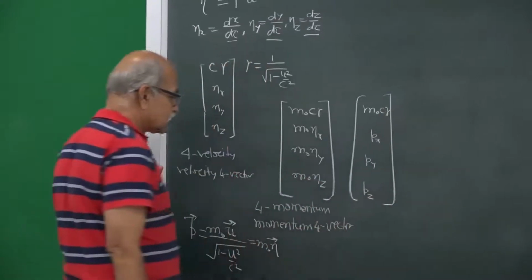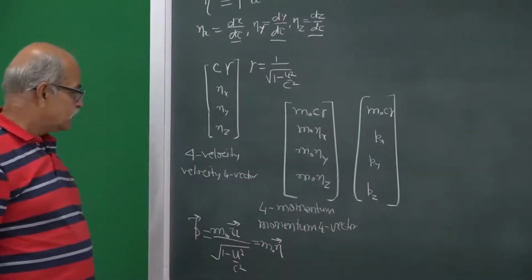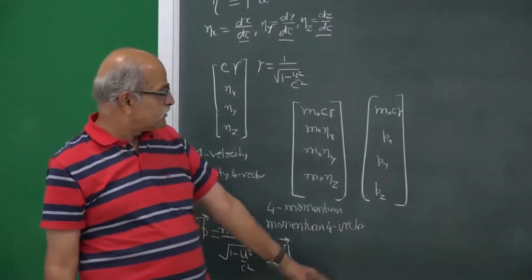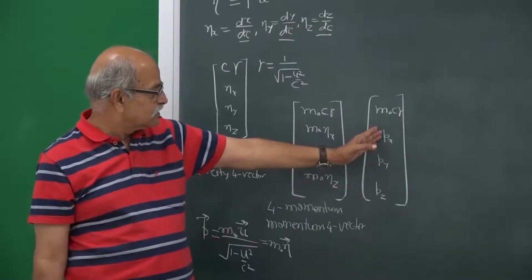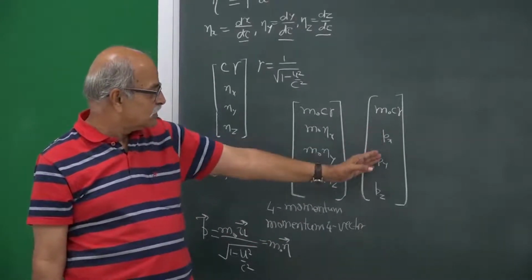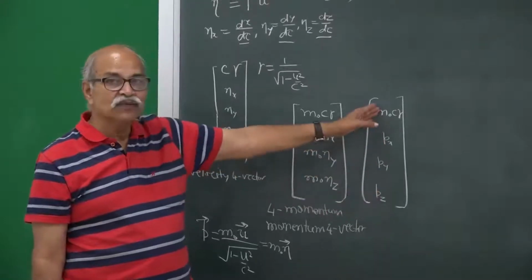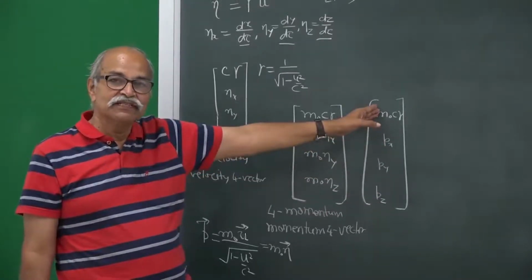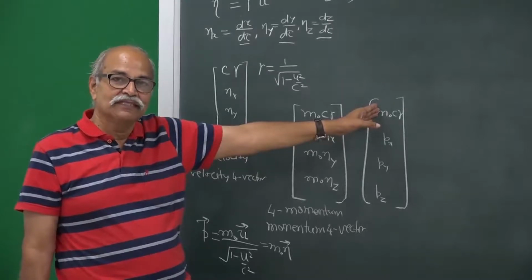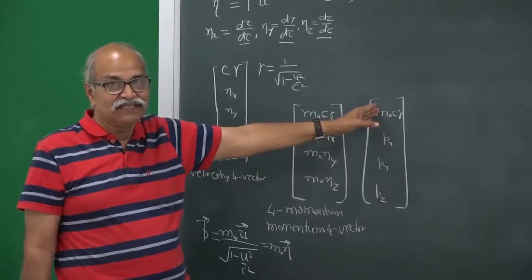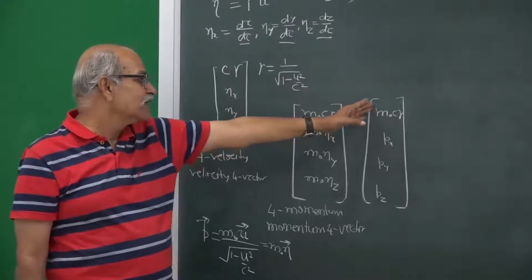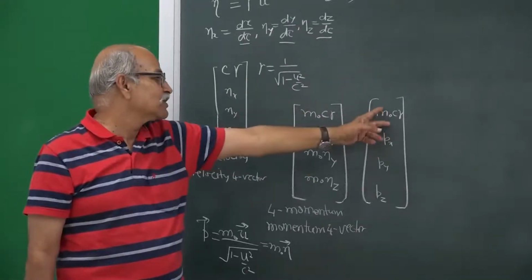And we asked the question at the end of the lecture: we understand this is the linear momentum x component, y component, z component. What is this other quantity? Is there a physical significance of this quantity? And yes, the physical significance is very much there, and today we will be talking about this quantity.